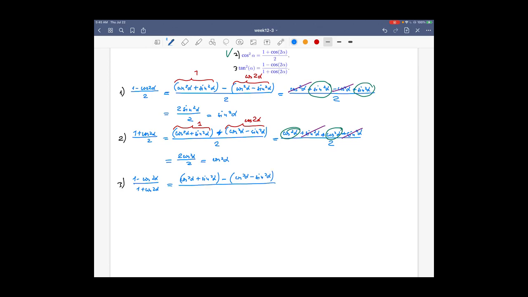And in the denominator, again, writing 1 as cosine squared alpha plus sine squared alpha, and cosine 2 alpha as cosine squared minus sine squared.